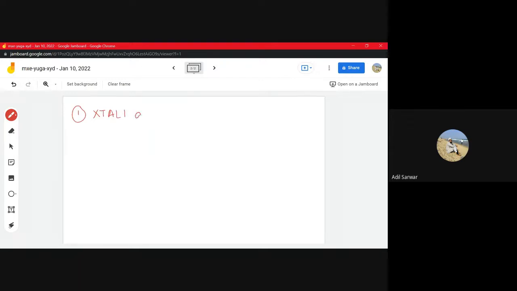XTAL1 and XTAL2. So these pins are basically connected to a crystal oscillator, and the frequency of that crystal oscillator is 12 megahertz.